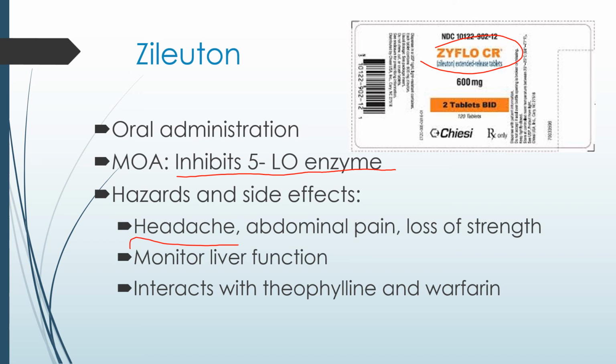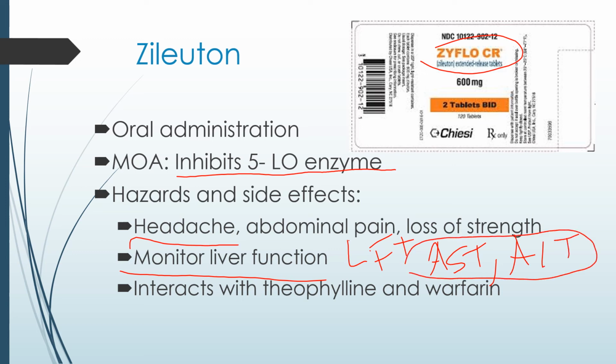So remember, what organ system is part of your metabolizing responsibility? Well, the liver is part of that whole situation. So we need to monitor their liver function. So we need to do things like liver function tests, right? So your AST, ALT, right? So we need to look at their liver enzymes when they're taking these.